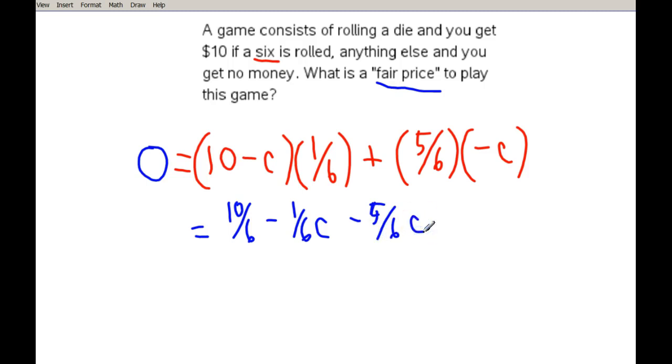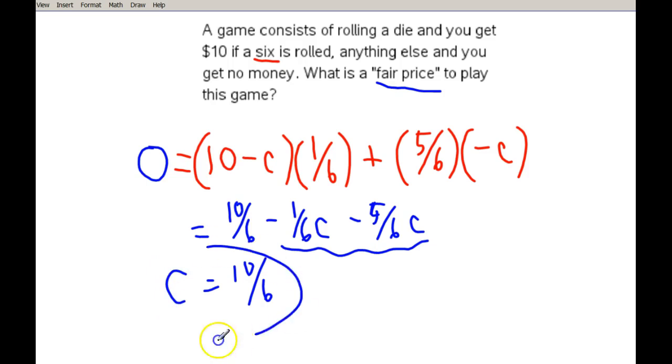So that actually ends up being 10/6. This works out to be negative 1c, so I'm going to put it on this side and say c equals 10/6. So c equals approximately 1 4/6, or 1 2/3, 1.66 repeating here.